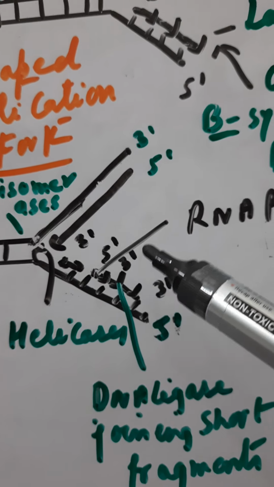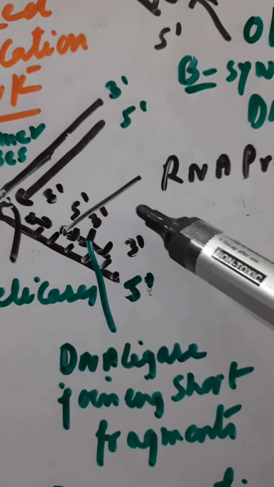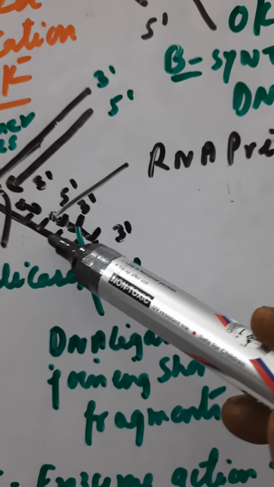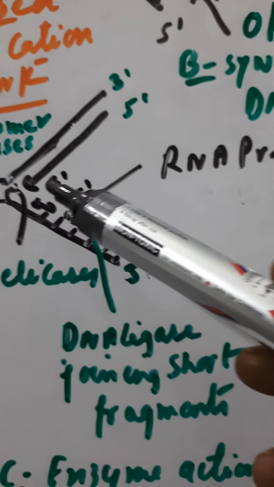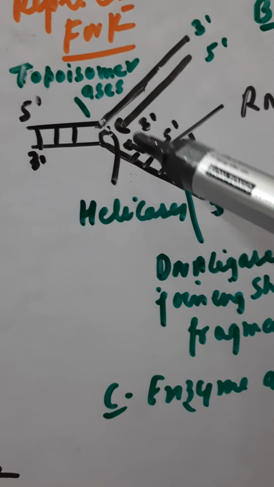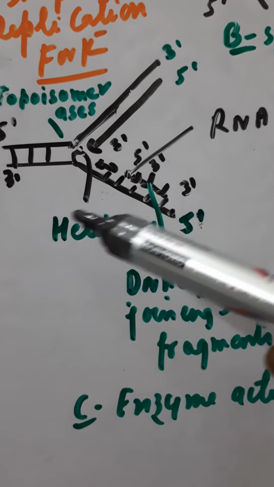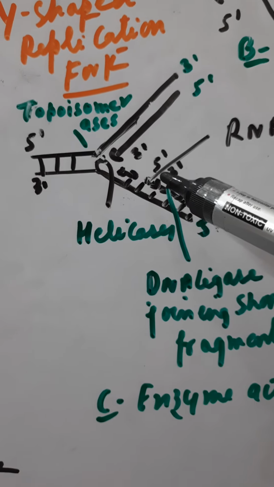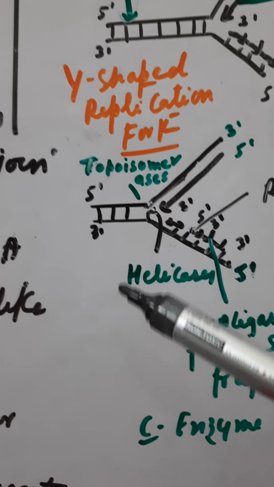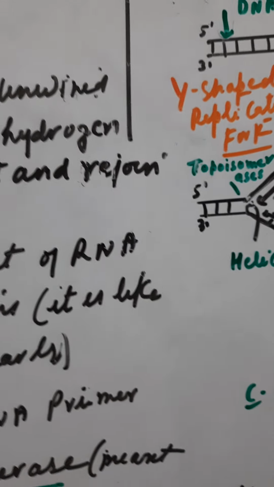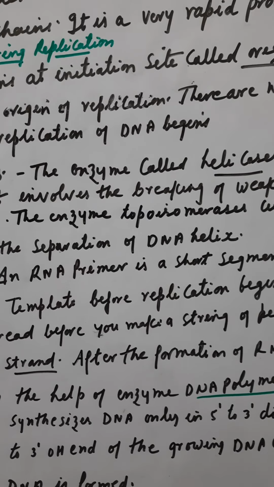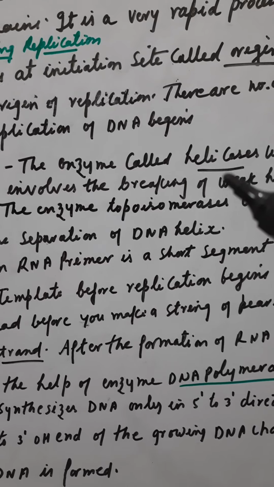It is like putting a knot at the end of a thread before you make a string of pearls. So here I have explained the function of helicase and topoisomerase, and how the mechanism of DNA replication is an enzyme-controlled, stepwise process.